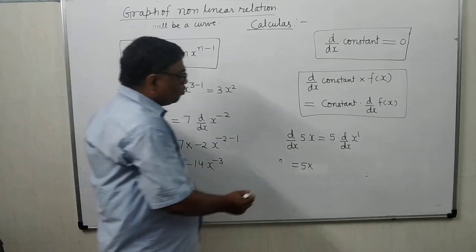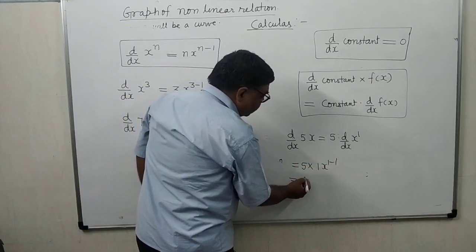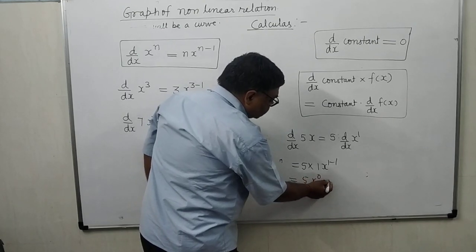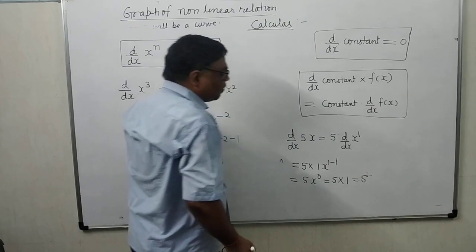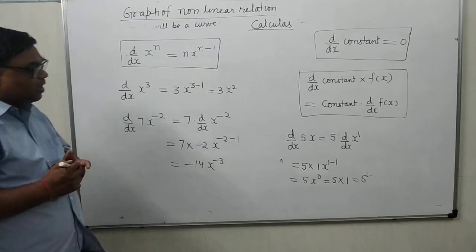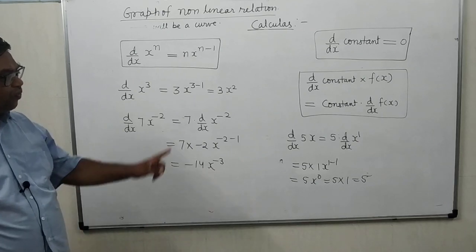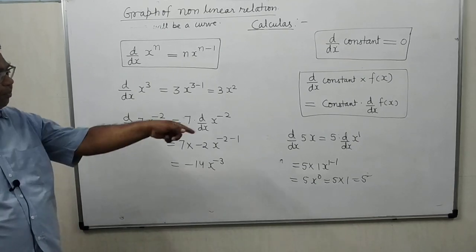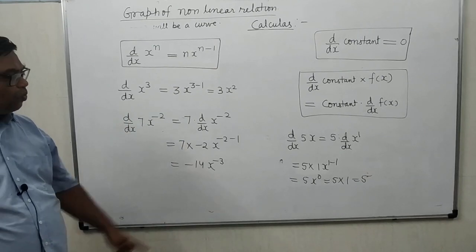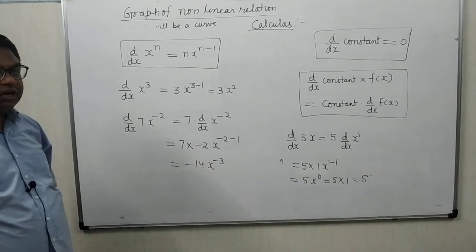So 5 x to the power 1 minus 1, that is 5x to the power 0. x to the power 0 is 1, so that will be 5. So you can see once again d by dx of 5x. You take 5 before d by dx. So 5 into d by dx of x to the power 1. When you simplify d by dx of x to the power 1 according to this formula, the answer will come out 5.